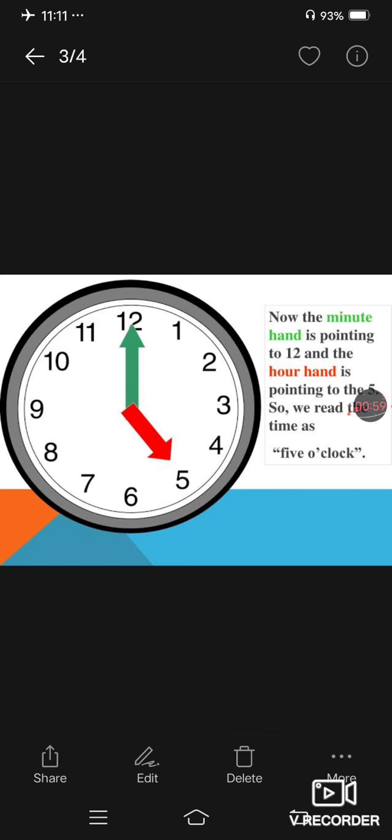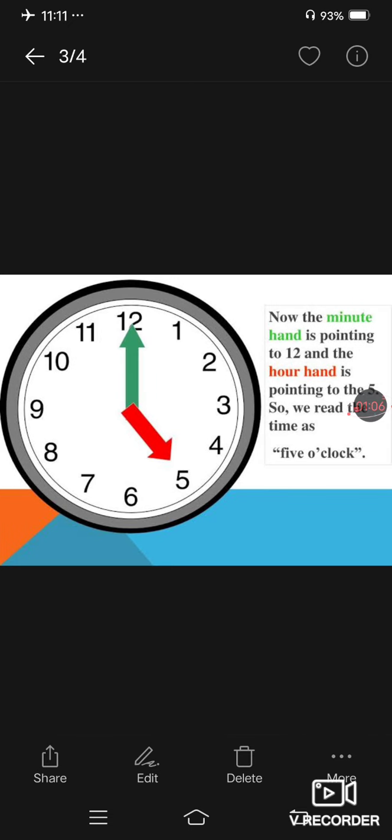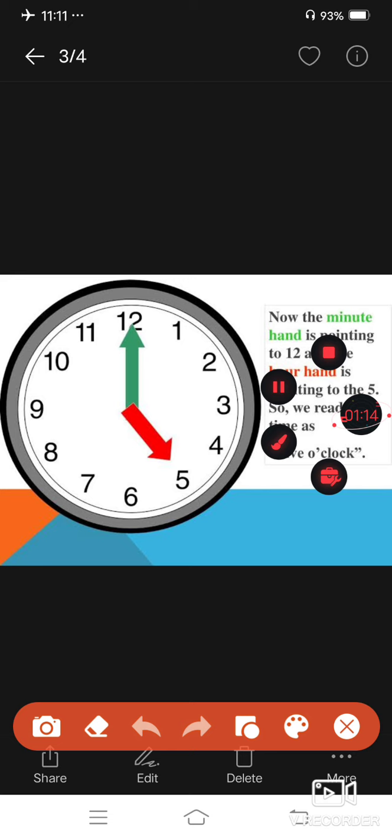Children, first of all, I want to explain the different parts of the clock. Just see. This is a clock. The flat surface of the clock is called the face of the clock.